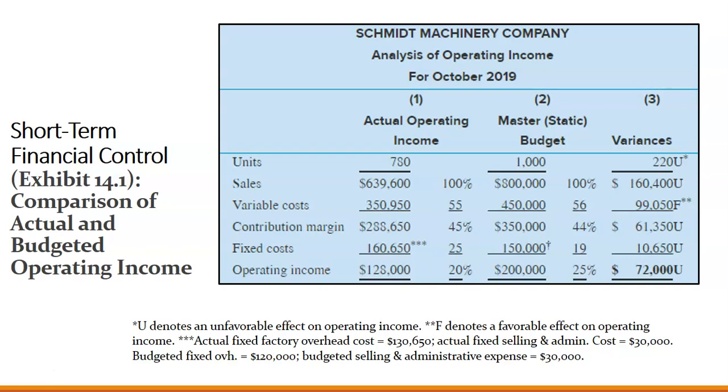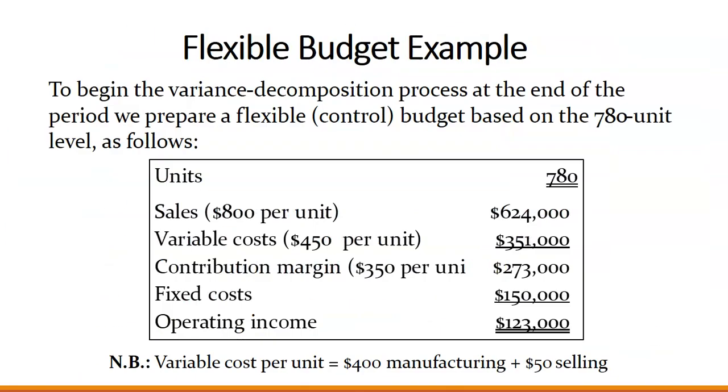Our fixed costs, we paid more than we budgeted. So we're going to look at what a flexible budget would have looked like for us. At the 780 unit level, we have operating income of $123,000. We have a variable cost per unit of $450.